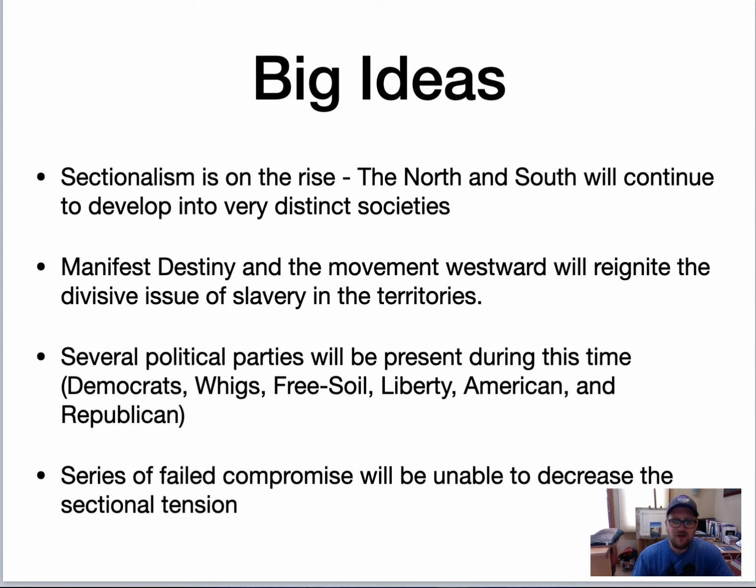So sectionalism didn't all of a sudden just start in 1844. It was already happening. And the issues of sectionalism will really erupt in the 1840s, and really after 1850. The big turning point will be the Compromise of 1850, which really makes sectionalism a national issue that brings us to the brink of war several times.